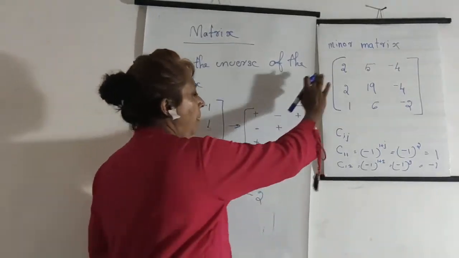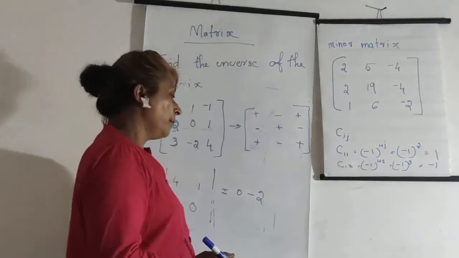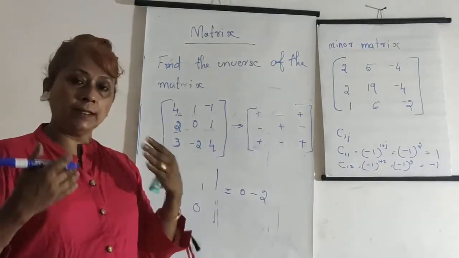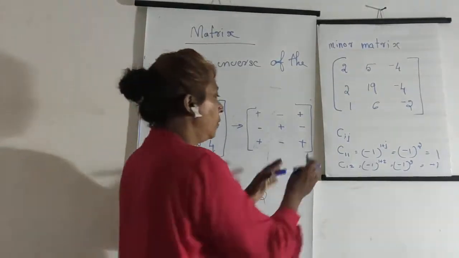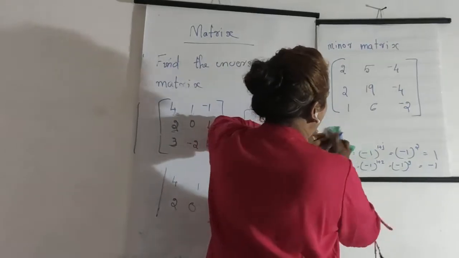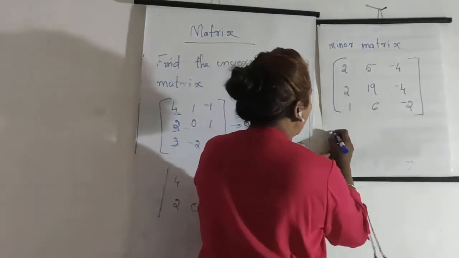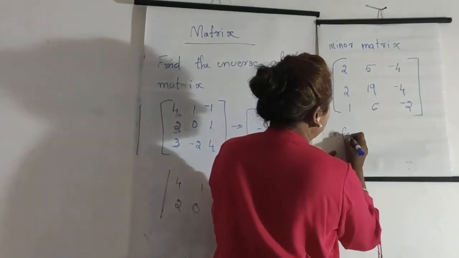Now, this is the minor matrix. The cofactor matrix is the minor matrix with the proper signs, so we add the signs to this one.